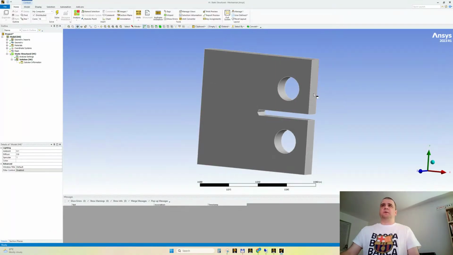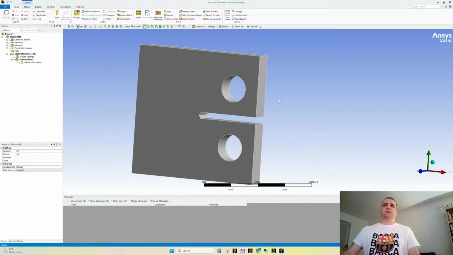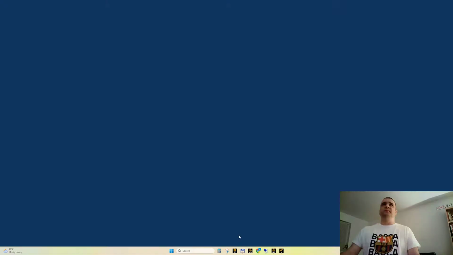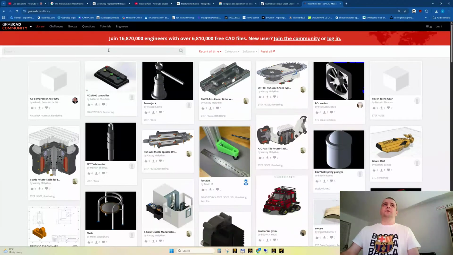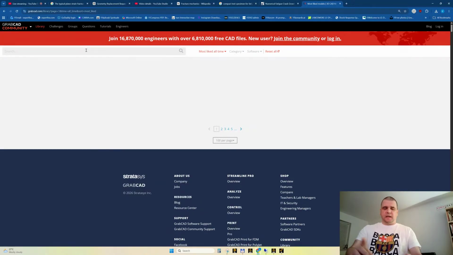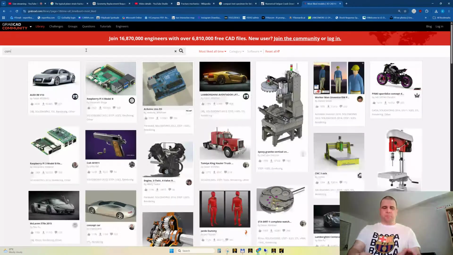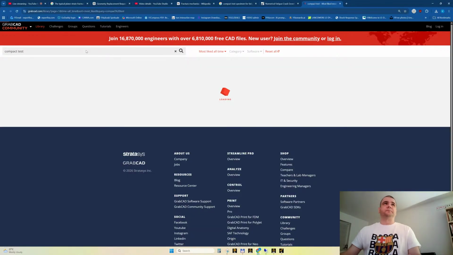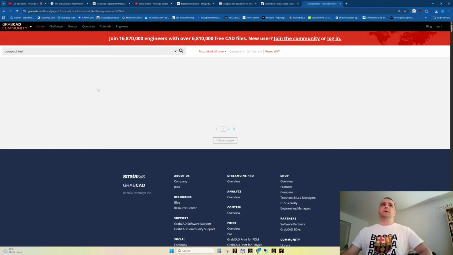So what I was talking about, this is the geometry that I have found on GrabCAD. Look here. If we go on GrabCAD and look for most light, I think, and search for compact test specimen, this is how the part is named.